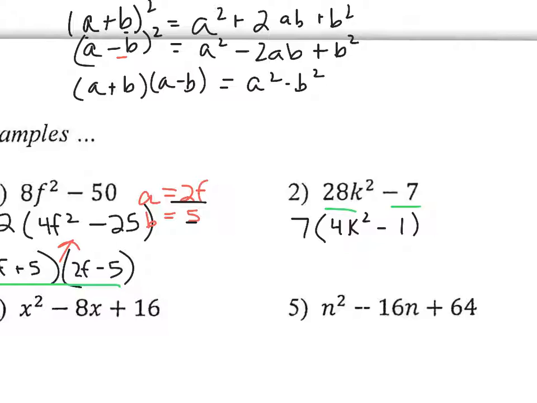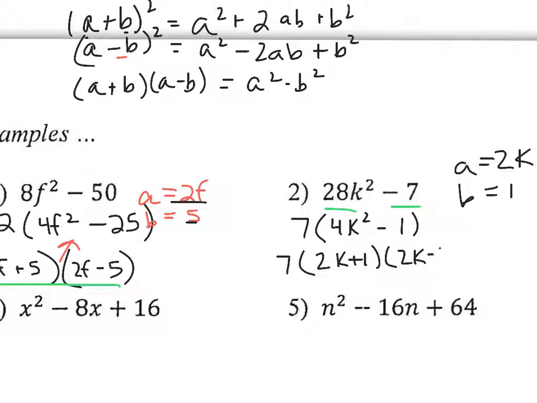What's left is difference of squares again, so it's going to use this formula. a is the square root of 4k squared, so a is 2k, and b is the square root of 1, which is 1. So I still keep the 7 out, and I do (2k + 1)(2k - 1).